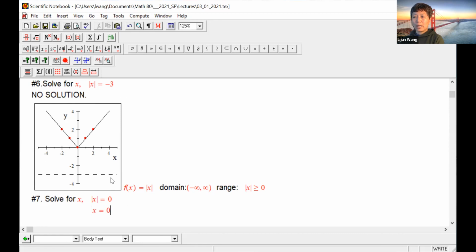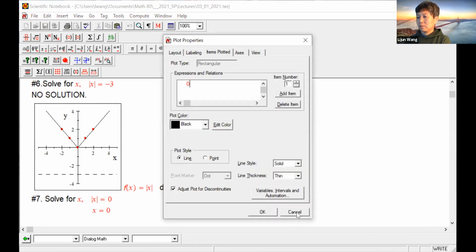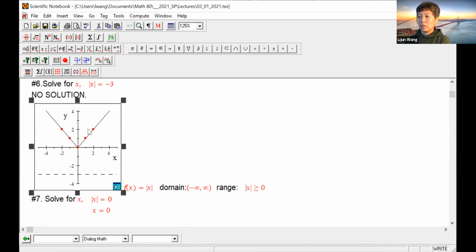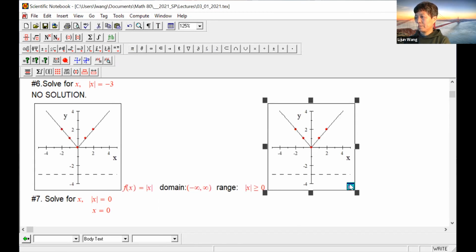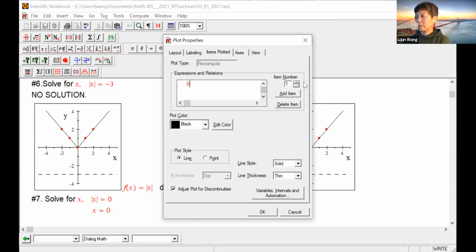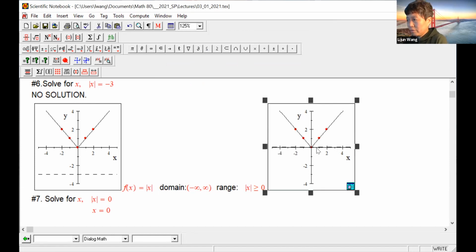And if you graphed it, you're going to graph that 0. The 0 touches the curve once.